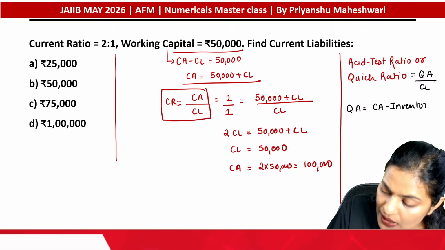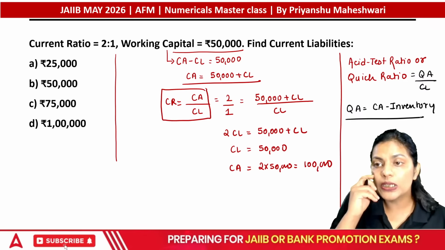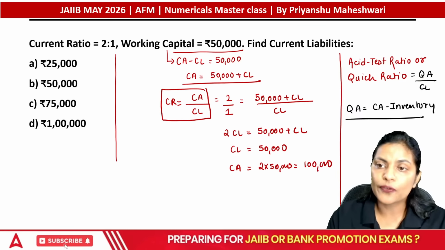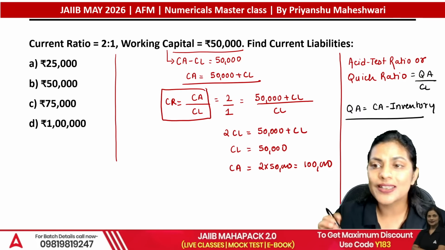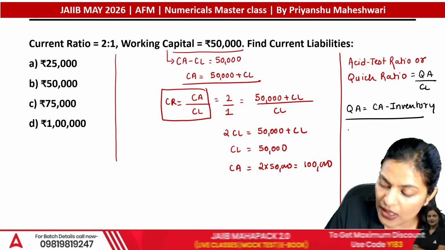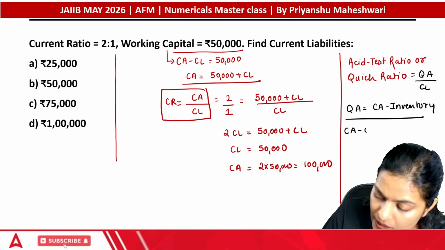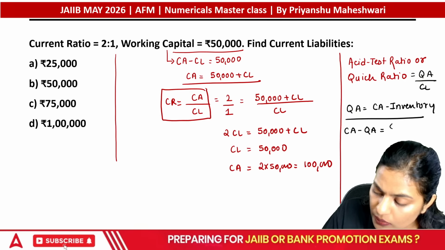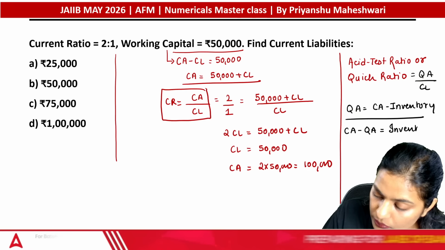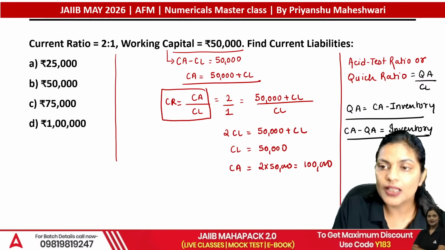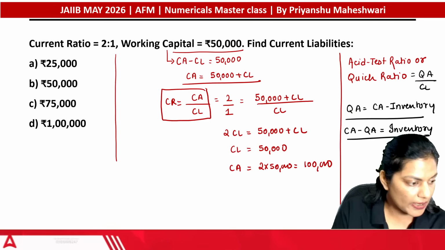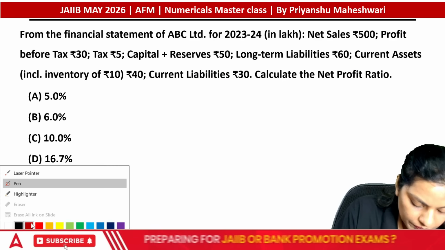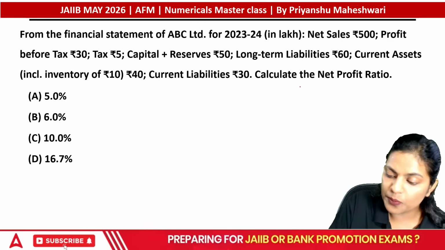If they ask you the difference, you need to know that the difference between current asset and quick asset is inventory. Right? Either way they can ask you. So, current asset minus quick asset will give us what? Inventory, unsold goods. Correct?